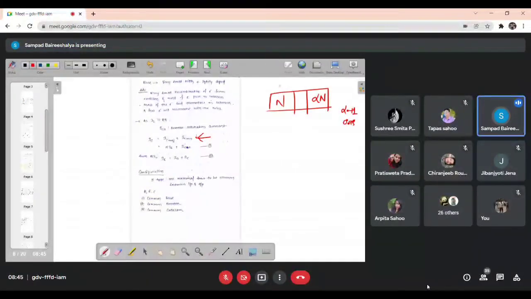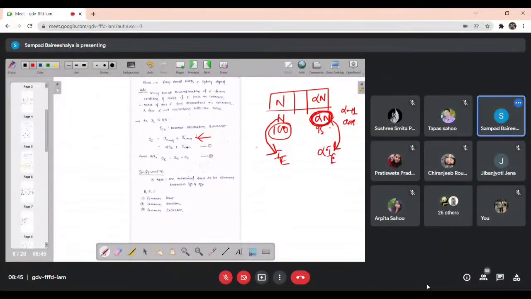That means if there are 100 carriers here, you get 95 carriers there. If the current due to these carriers is IE, then here it will be alpha times IE. If it was N here, the number of carriers will be alpha times N. Because of this number of carriers, the current will be alpha times IE.